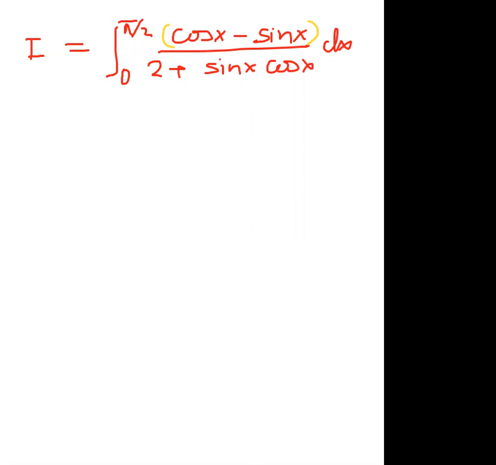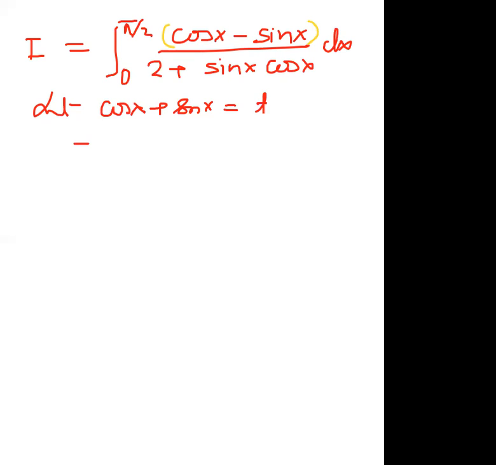So let cos x plus sin x equals to t, opposite sign just. Whatever is in between them, opposite sign, opposite to that we need to put.